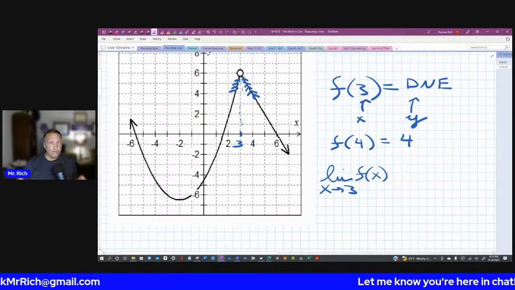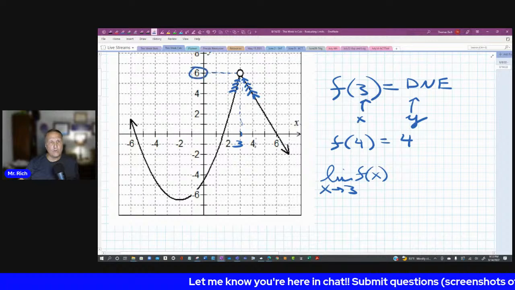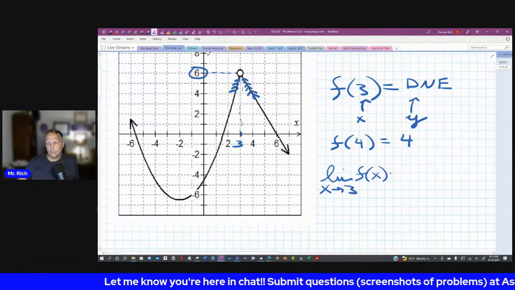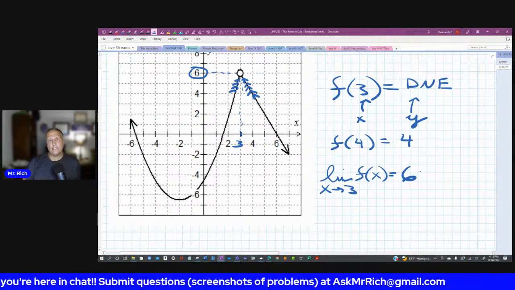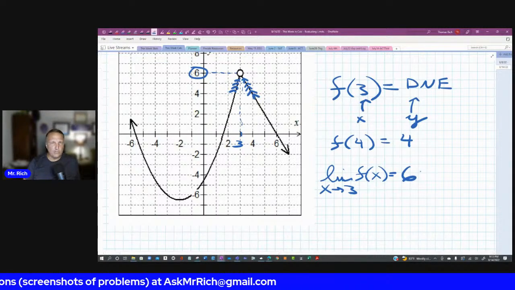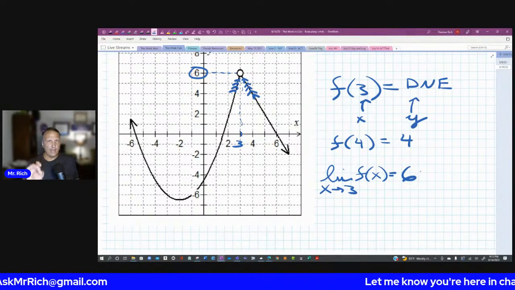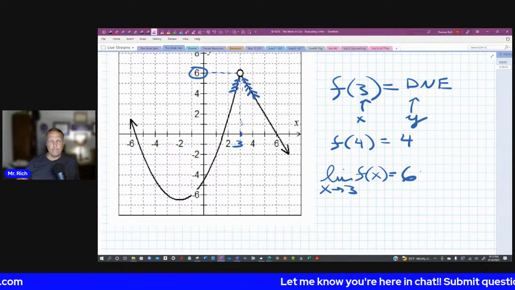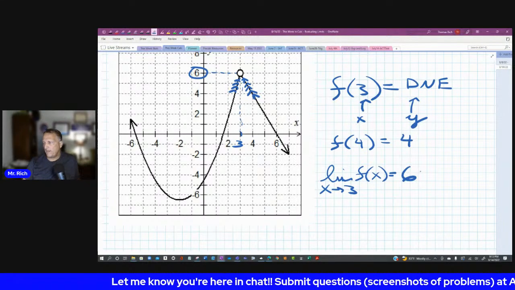Do you get very close to a y value? And you do, right? The closer that you get to x equals 3 on either side, the closer you get to the y value of 6. So that's what we use limits for, to express not what's happening at an x value, but what's happening as you get very close to an x value on either side.